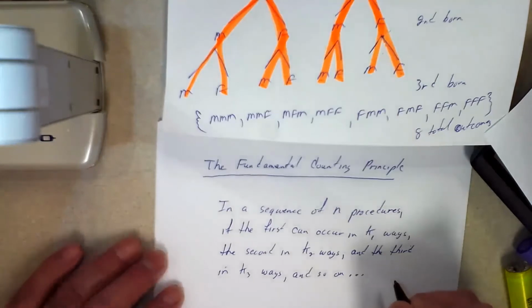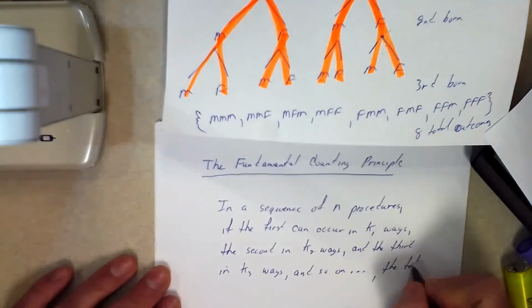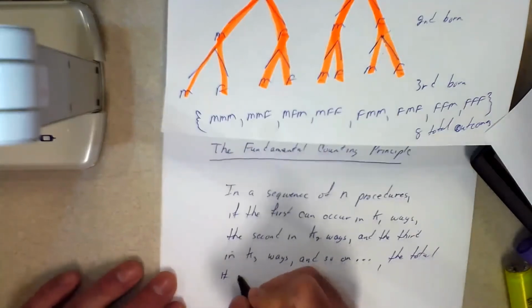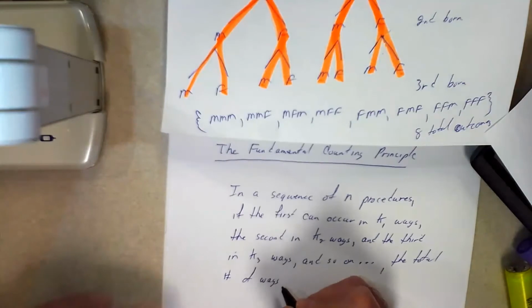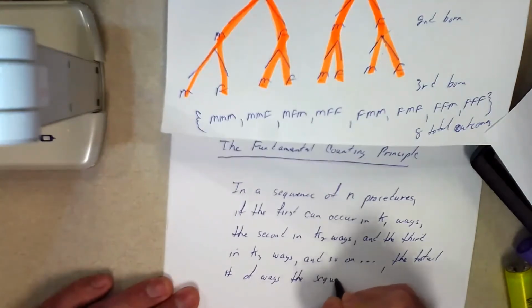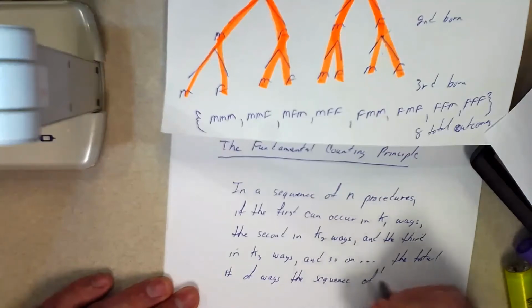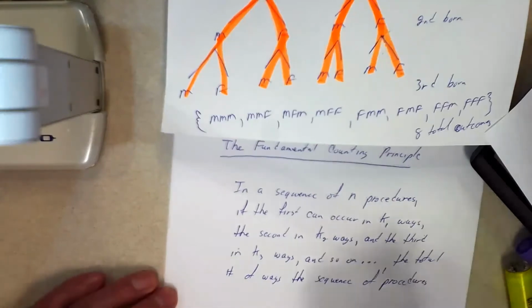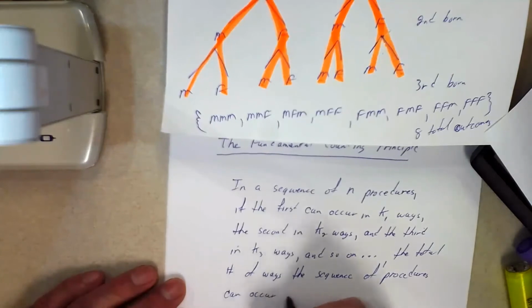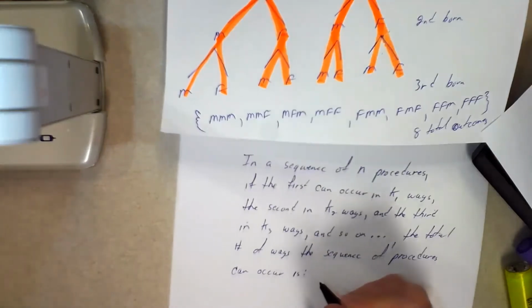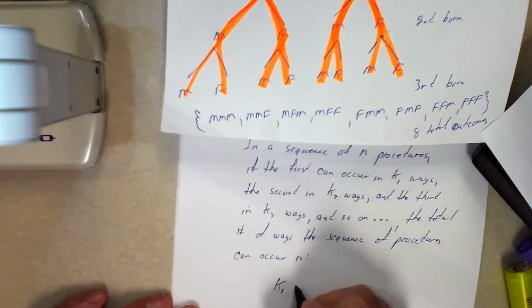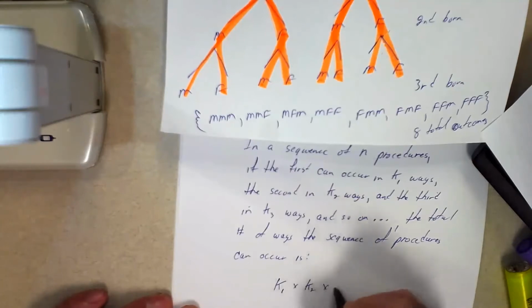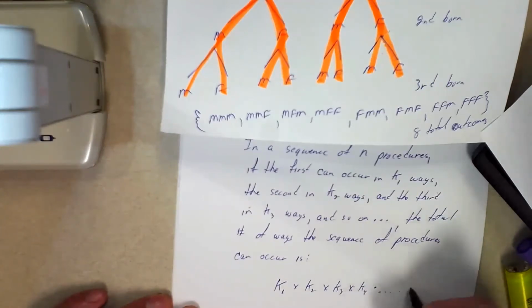Dot, dot, dot. The total number of ways the sequence of procedures can occur is k sub 1 times k sub 2 times k sub 3 times k sub 4 times dot, dot, dot, all the way to k sub n.